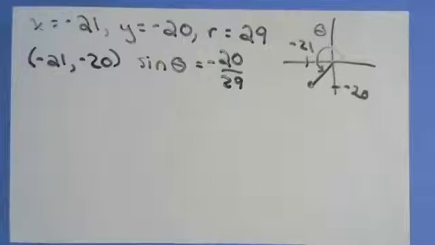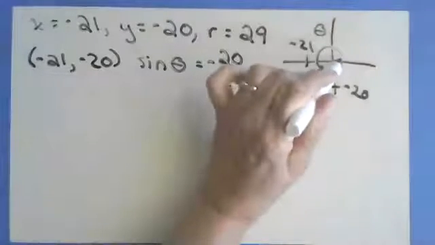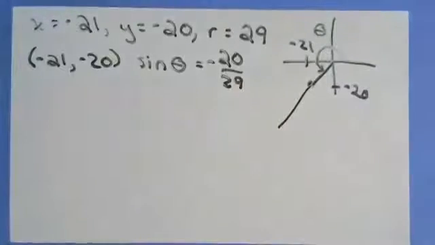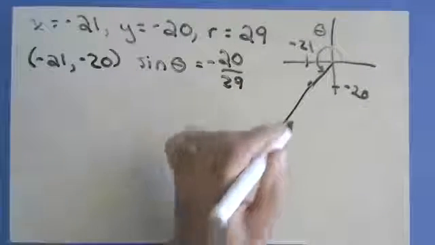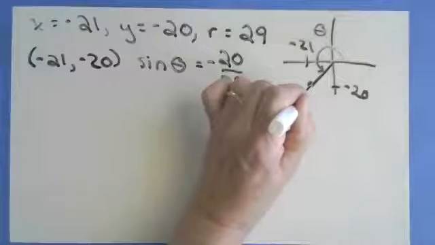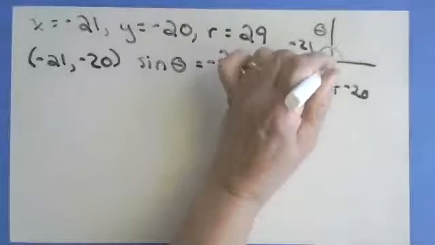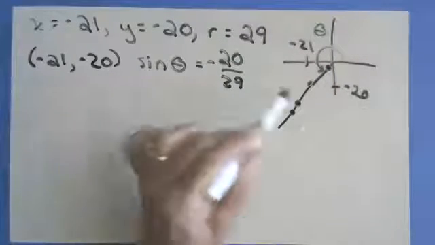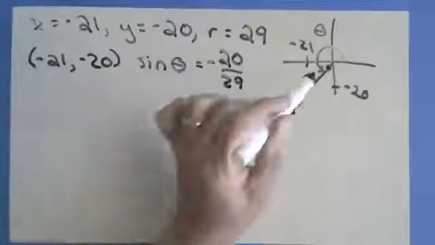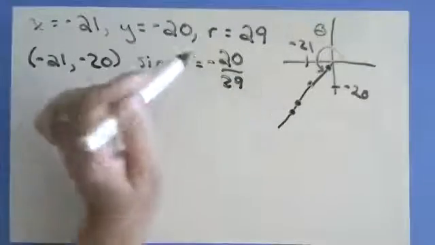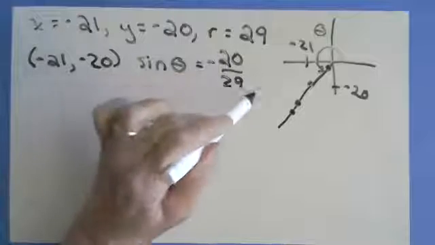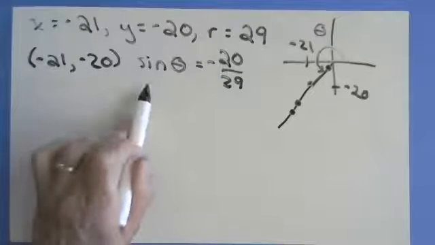That's the interesting thing about these trig functions. They're based on what the angle is, but if we extend this line out forever, then any point on this line, when we set up the ratio of its coordinates, whatever point we pick, we will end up with the same value as this fraction for sine.